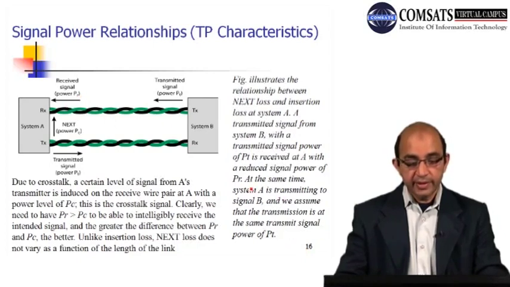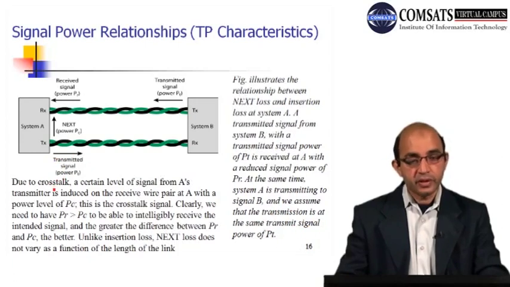At the same time, system A is transmitting to system B. So A is also transmitting, and we assume that the transmission is at the same transmit signal power of PT.